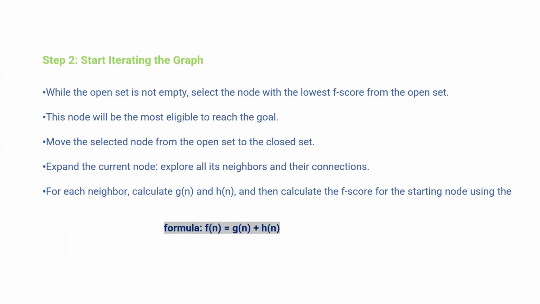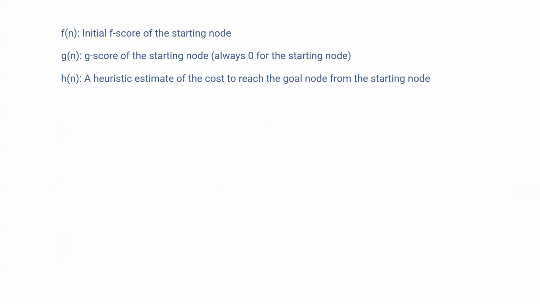Move the current node from the open list to the closed list. Initializing the score of the starting node, the g score of the starting node is always zero, and h of n is a heuristic estimate of the cost to reach the goal node from the starting node.